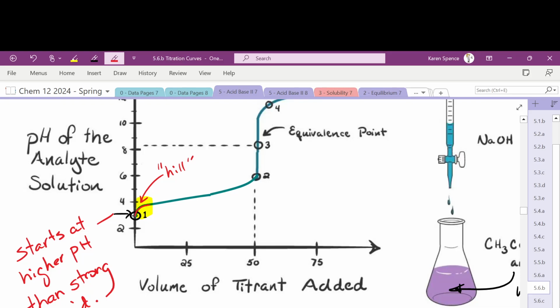So right off the bat, if you are asked, is this particular curve the titration of a strong acid or a weak acid? You can look and you can say, oh, little hill. That is a weak acid. You can say, oh, if it's 0.01 molar, my pH would be 2 if it were a strong acid. It's not pH 2, therefore it must be a weak acid.